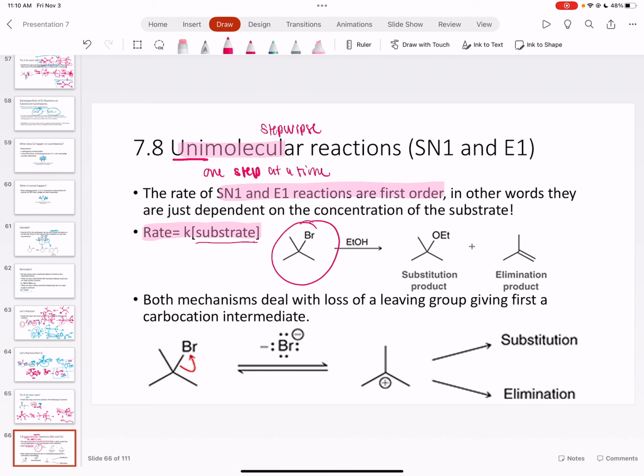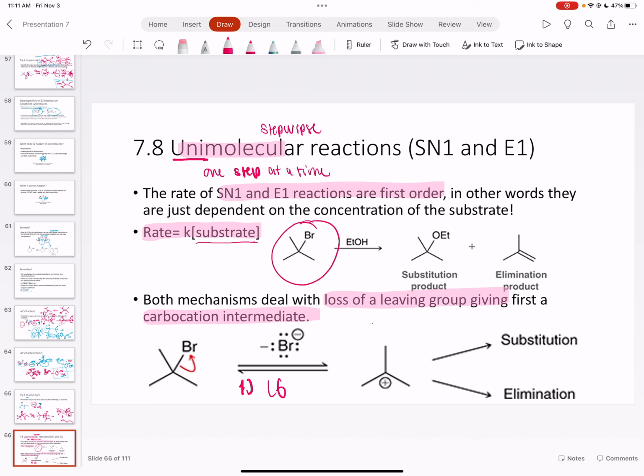Either SN1 or E1, they're always going to start with a loss of a leaving group. When we have a loss of a leaving group, we always get a carbocation intermediate. So that will be our first step, either if it's SN1 or E1.